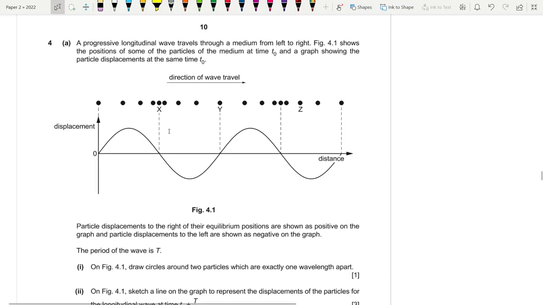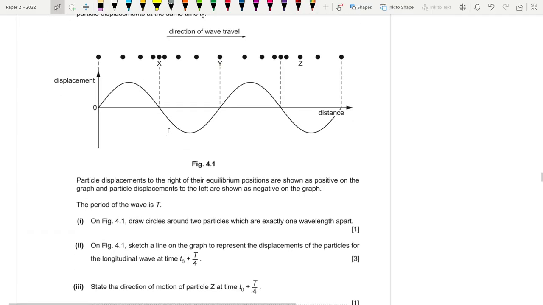So it's a longitudinal wave. We know that there are compressions and rarefactions. Particle displacements to the right of the equilibrium positions are shown as positive on the graph, and particle displacements to the left are shown as negative on the graph.